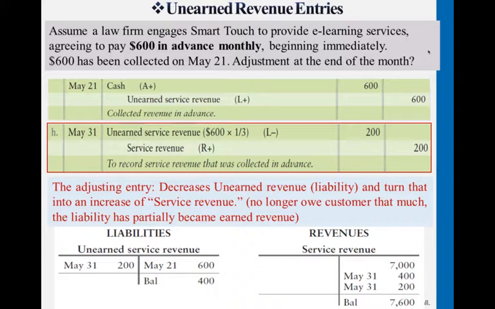So you still have $400 worth of liability, which is the service that you owe to clients. Later, when it reaches June 21st, you post this $400 to the debit side and turn it into service revenue as well. In service revenue you have all the other entries related to service revenue, but this is particularly the one that refers to the unearned service revenue part.